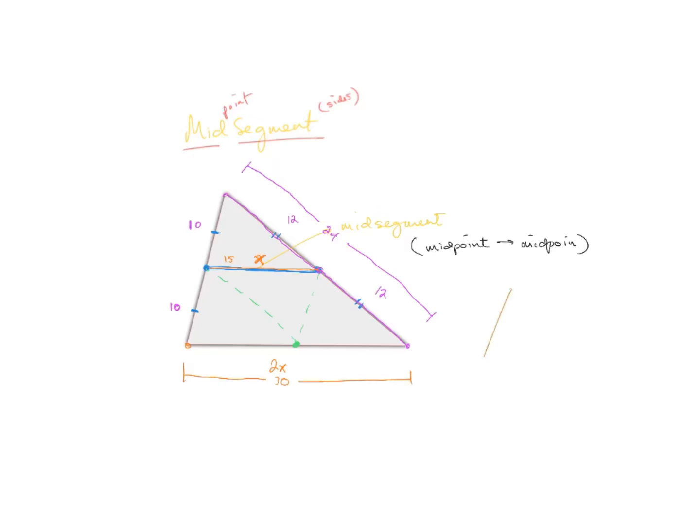So if I'm given a base of 14, I'll take half and get 7. If I'm given the midsegment 3, I'll know here the base is 6. It's a 2-to-1 or 1-to-2 relationship, and this is my midsegment here. Again, you're just looking at midpoint and midpoint. Probably want to spell that right.